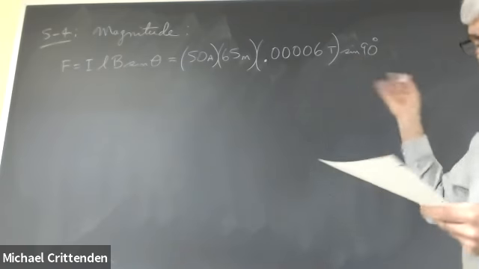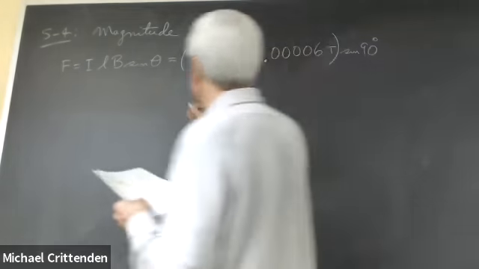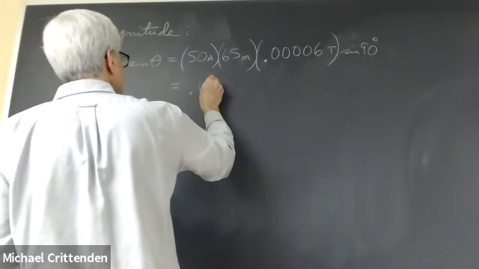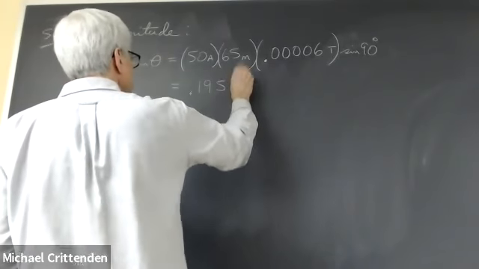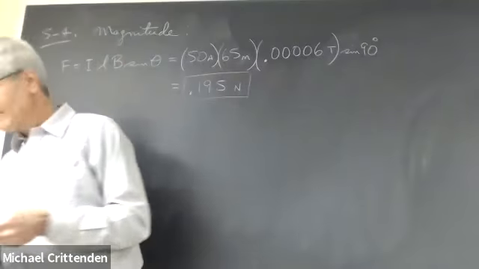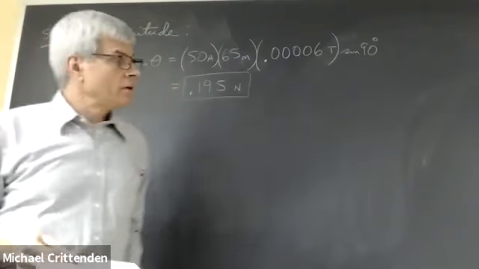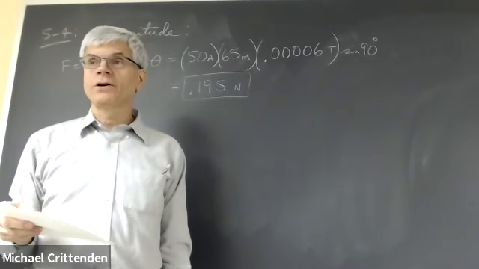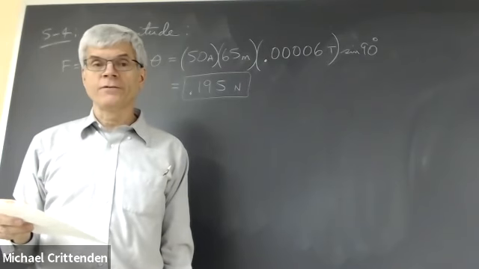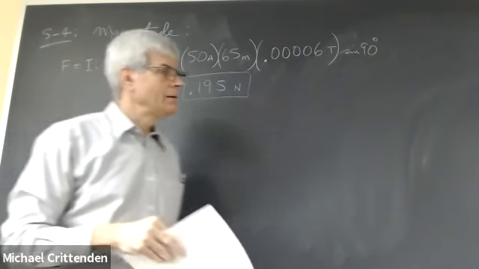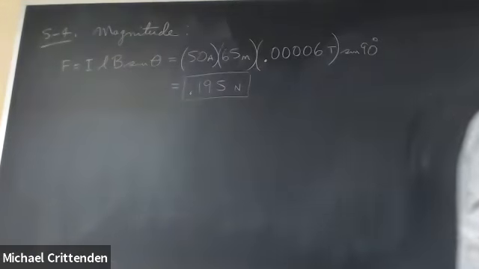So 90 degrees, sine of 90 is just equal to 1. So it's a pretty small force, primarily because it's a pretty weak field. A powerful motor would have a significantly stronger magnetic field in it than a fraction of a Gauss.